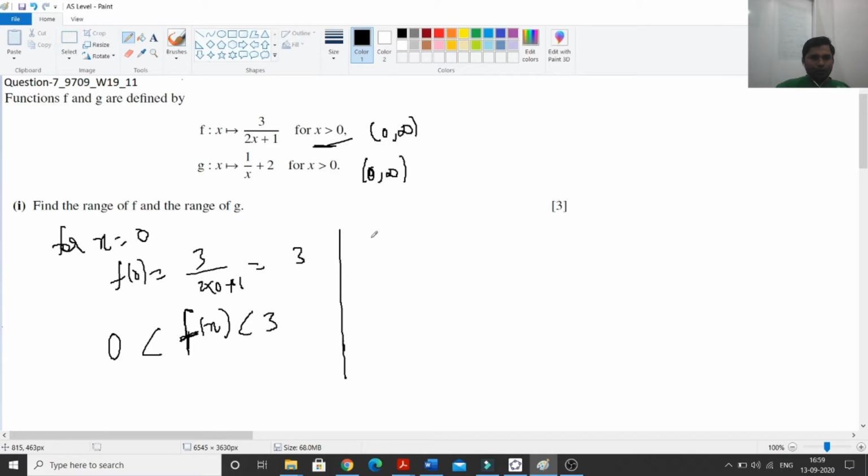So when x is tending towards infinity, g(x) is tending towards 2, because 1 over infinity is 0, so 0 plus 2 is 2.